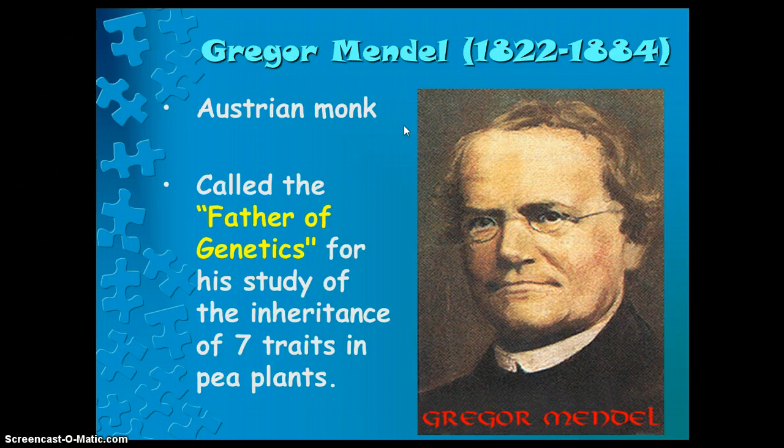There was a wrinkled form or a non-wrinkled form of a pea pod, or there was a tall pea plant or a short pea plant. He actually didn't get a lot of credit for his work back in his day. It wasn't until after he passed away that people were like, oh, this genetic stuff, there's actually some truth to it.